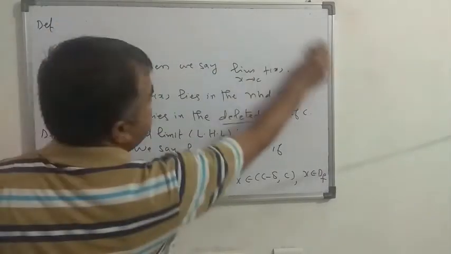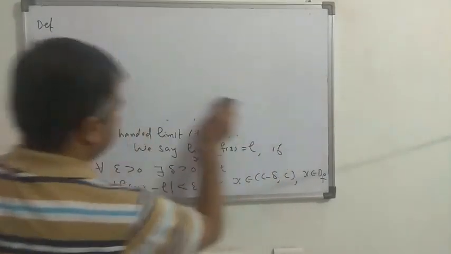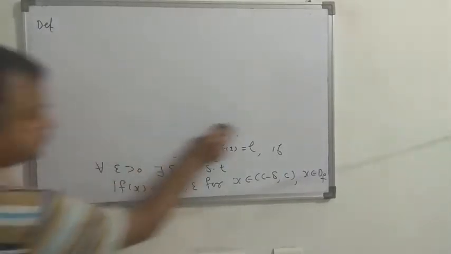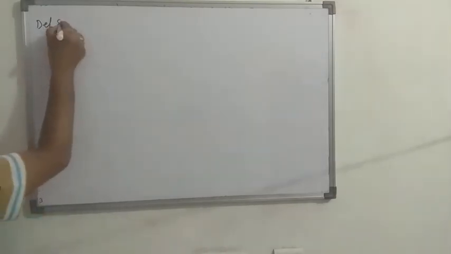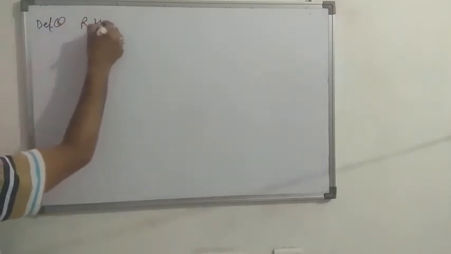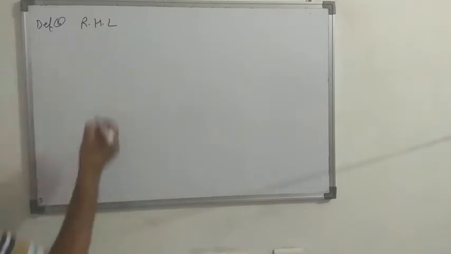Next, definition 8. Right-handed limit, RHL.